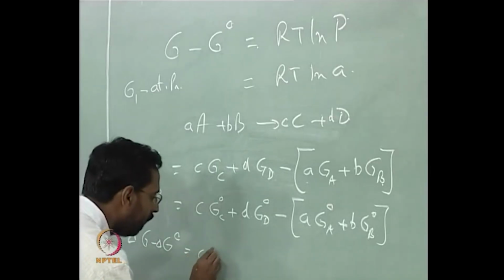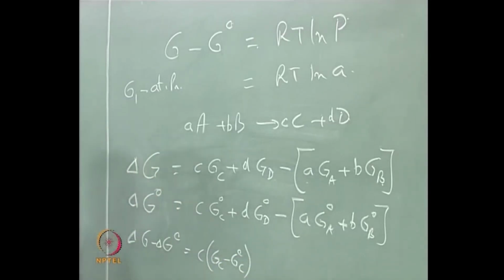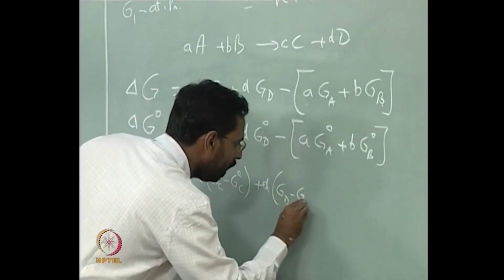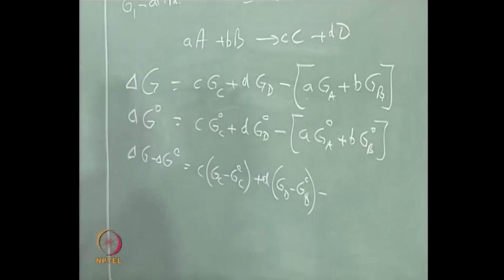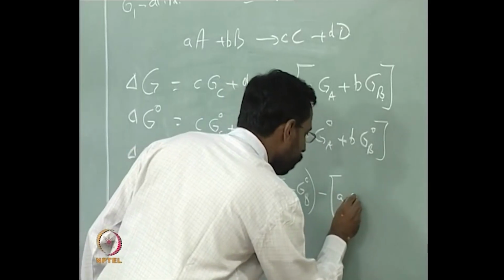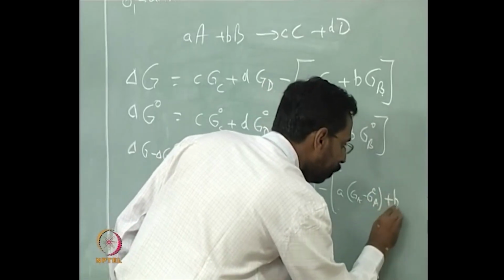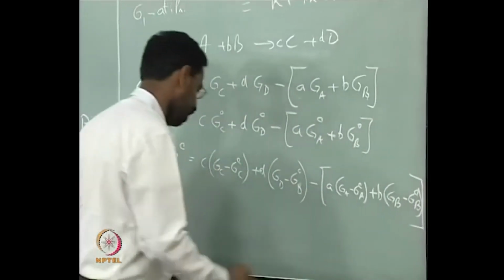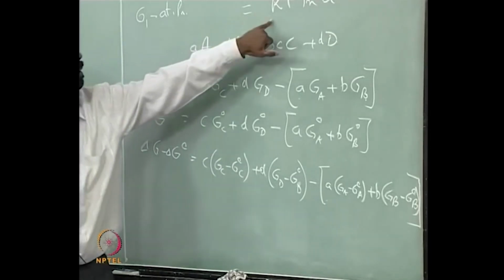So I can write C into G C minus G naught C, am I right, plus D into G D minus G naught D, minus A into G A minus G naught A plus B into G B minus G naught B. Here, each part is nothing but this.